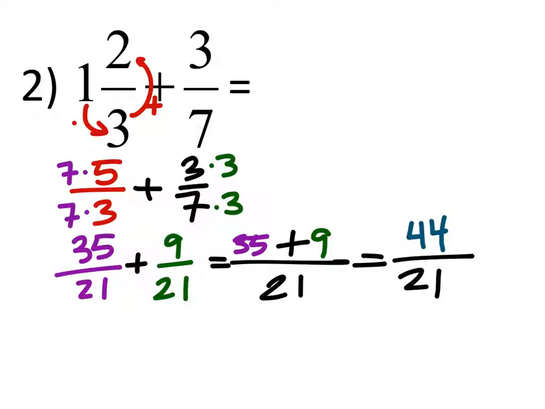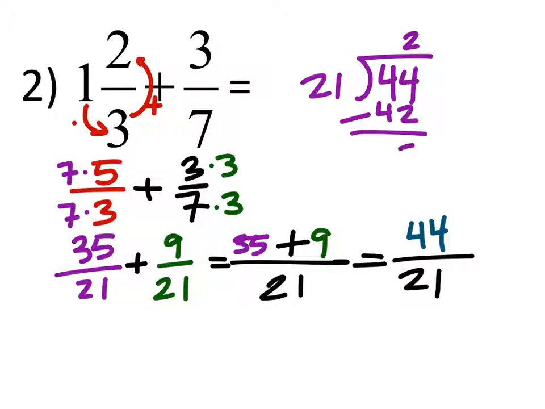Now 44 we could break up into 11 and 4 and 2 and 2, but none of those are common factors with 21. So we should simplify this into a mixed number. So we got 44 divided by 21. It goes into it twice, that gives us 42. I got a remainder of 2. So my final answer is 2 with the remainder of 2 out of 21.